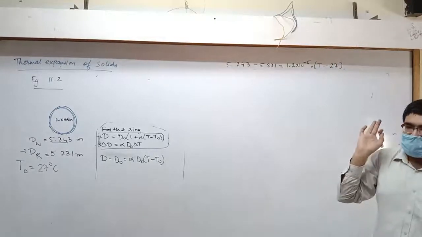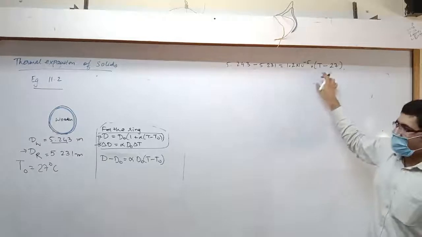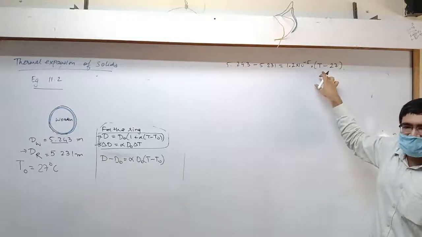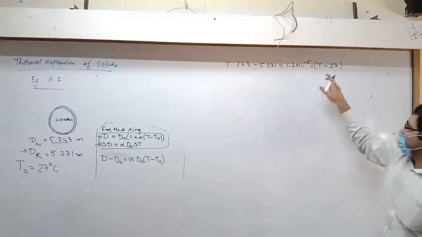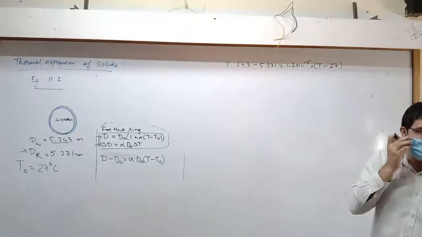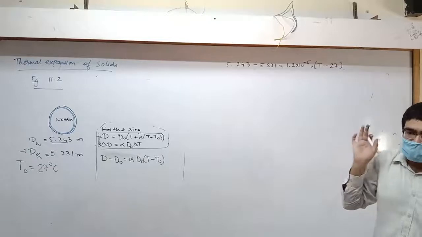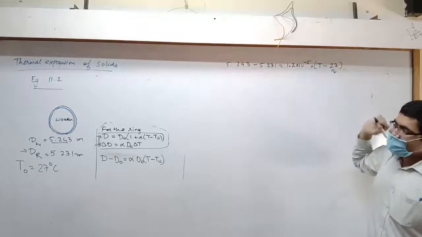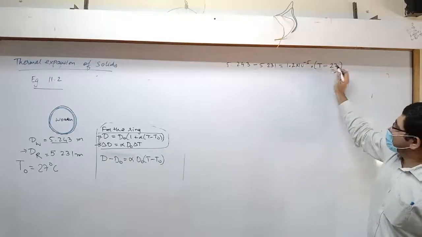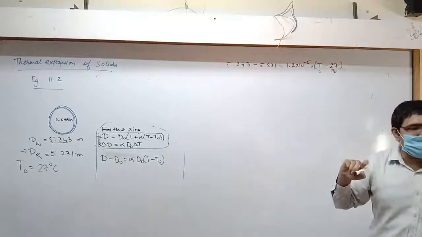Got it? Into delta T, the final temperature T we don't know. To what temperature should we heat? We don't know. But we know that the reference temperature is 27. The initial temperature is 27. Clear? This is in which unit? Degree Celsius. So we are doing T minus this, so this is also in degree Celsius.